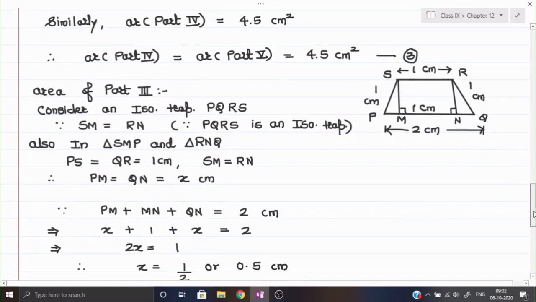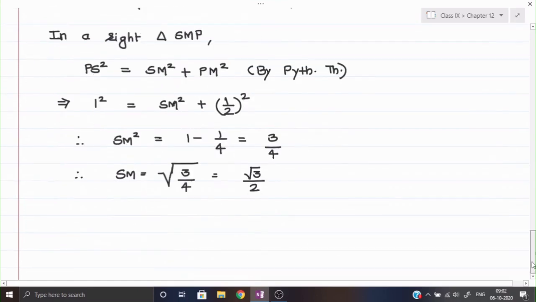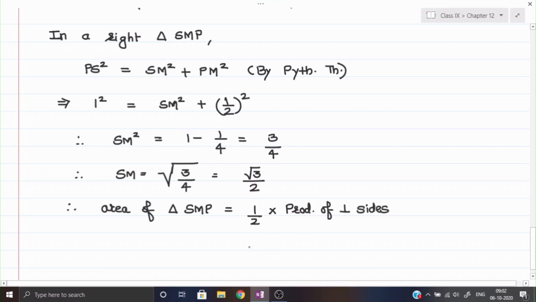So area of triangle SMP is equal to 1 upon 2 into the product of perpendicular sides. What are the perpendicular sides here? One is 3 by 4, sorry, under root of 3 by 2.